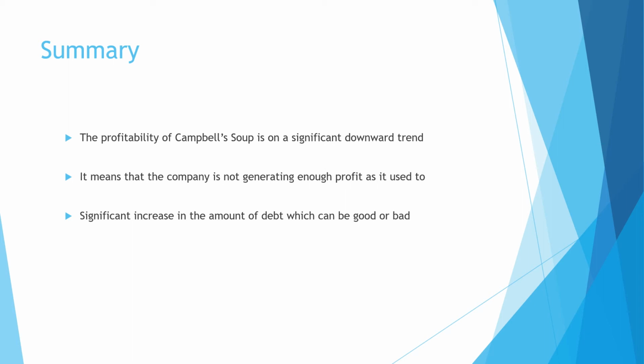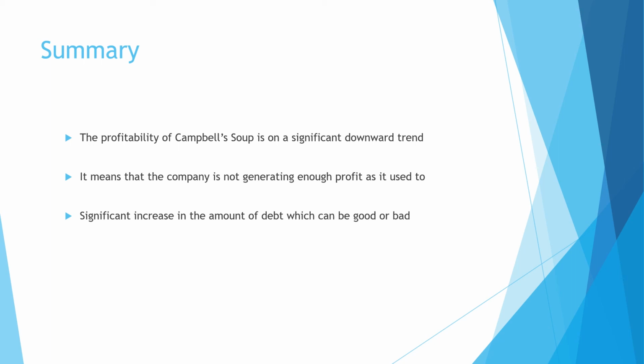There has also been a significant downward trend in the ROE and the ROA, and an increase in the days in sales receivable ratios, which is not a good sign for Campbell's Soup. At the same time, we can see a significant 3.5 times increase in the debt to equity ratio when compared to the previous years, which means that Campbell's Soup is taking more debt than usual.